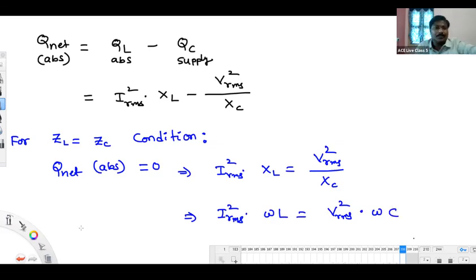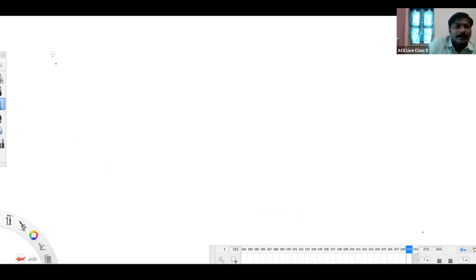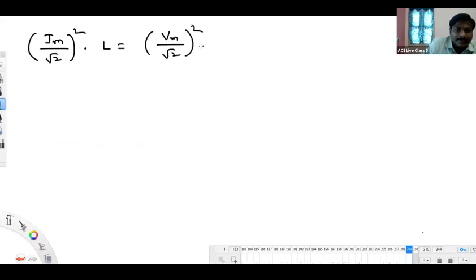Omega will be cancelled out. IRMS you can write as Im by root 2, and VRMS as Vm by root 2. So I'm showing here Im by root 2 whole square into inductance, and Vm by root 2 whole square into capacitance.